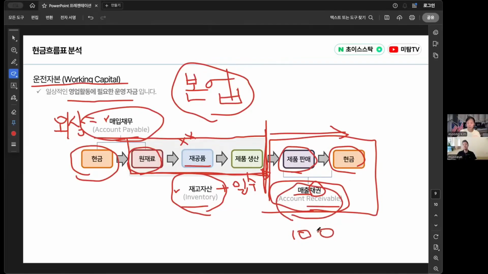Let's say a company sells goods, but it takes about 150 days to turn inventory into cash, and it takes about 30 days to pay off accounts payable. If you look at how many days of working capital this company needs, if you add those two together, it's 250 days.